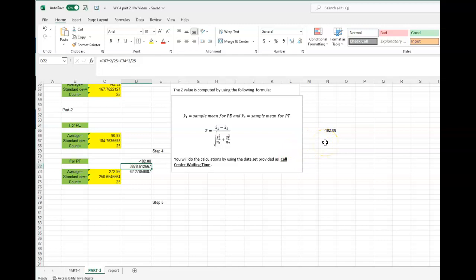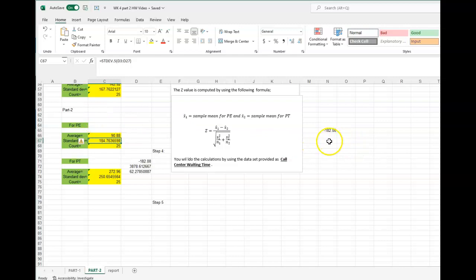So this is equal to the standard deviation, look, this is the standard deviation for D3 because you are working with the service time now. So you're working with the D column, D3 to D27 for PE.